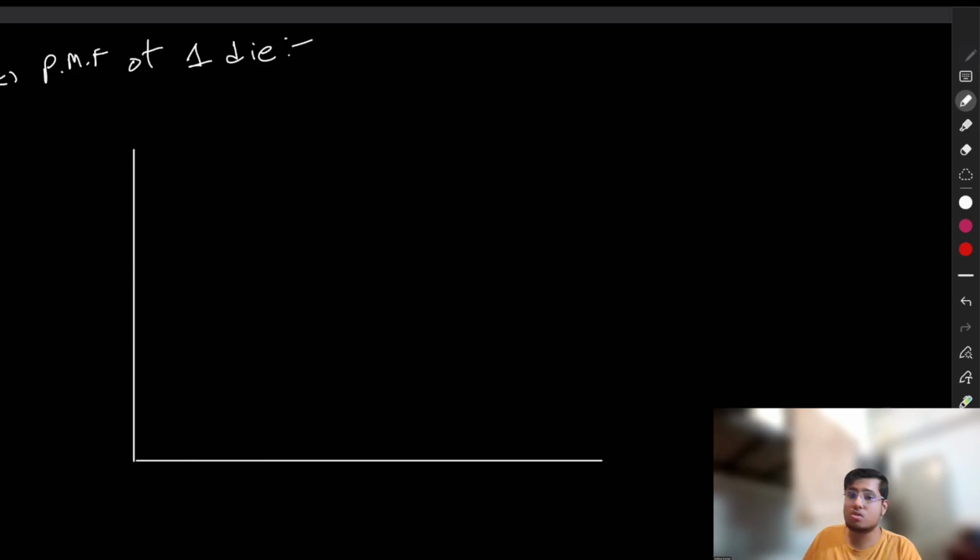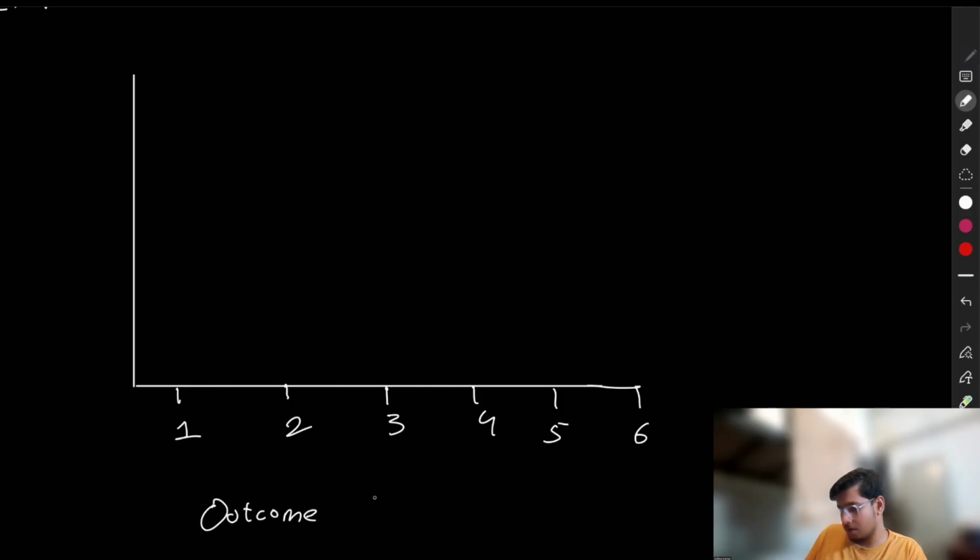So what can be the outcomes of rolling one die? It can be 1, 2, 3, 4, 5, and 6. Very simple. So let's write here 1, 2, 3, 4, 5, 6. The x-axis is our outcome of die.